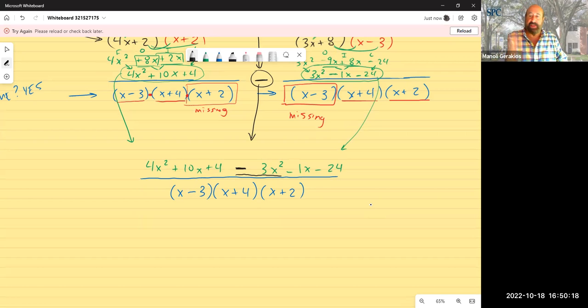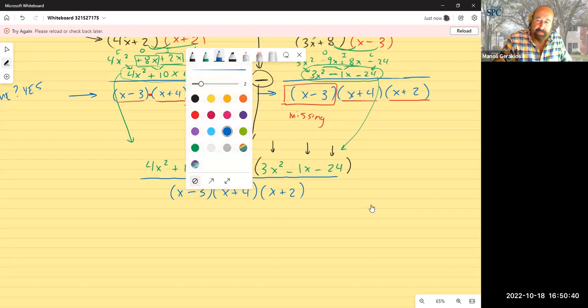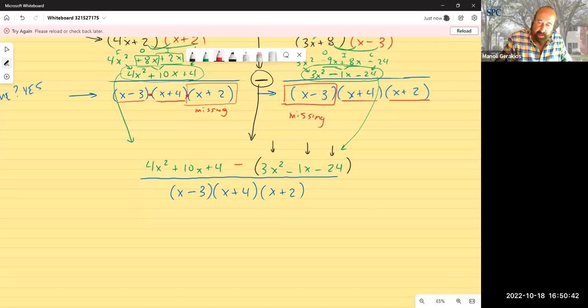It's got a whole bunch of terms in it, like 3x squared and 1x and 24. What really has to happen is I cannot leave off parentheses around the second numerator. And when subtraction moves up from in between the fractions to the common numerator, now with the parentheses, it's going to change the signs of all three terms in the second numerator. That's critical.